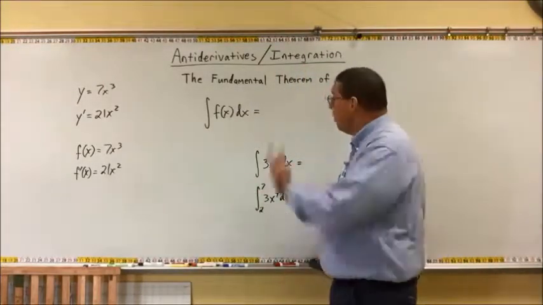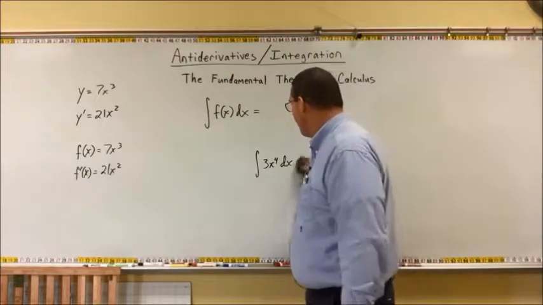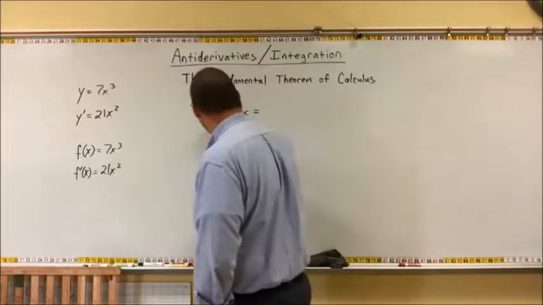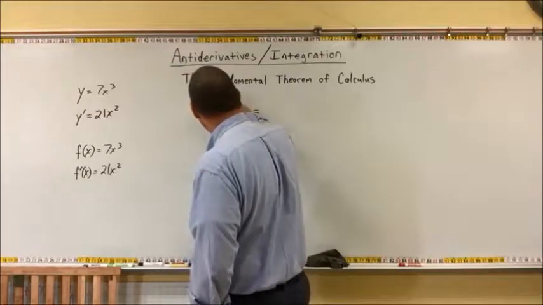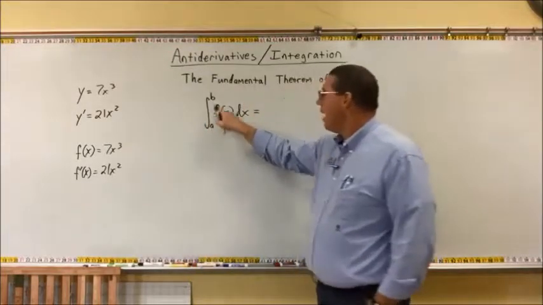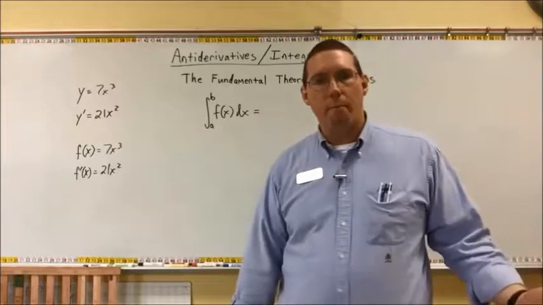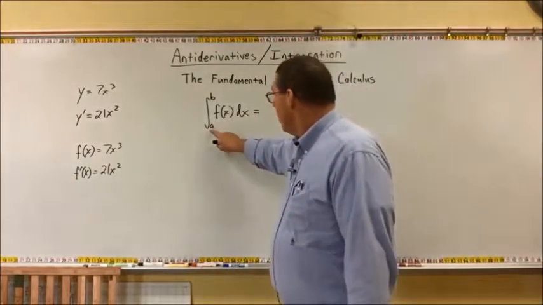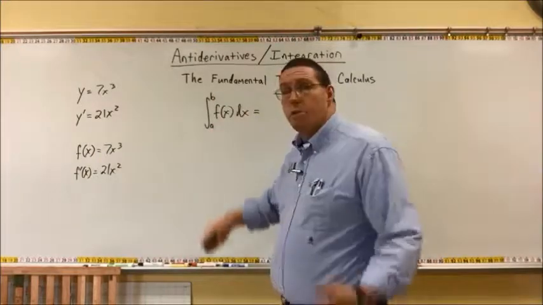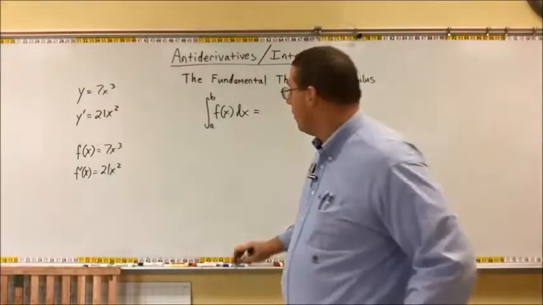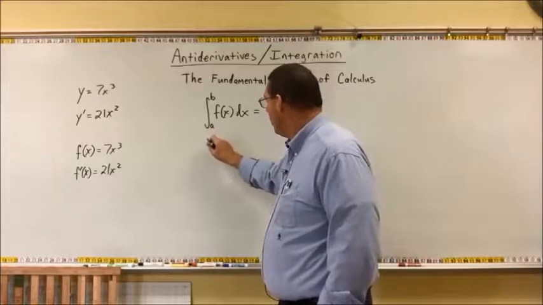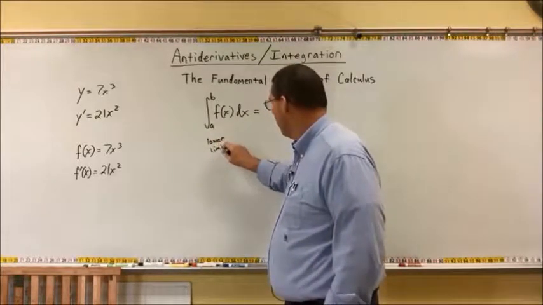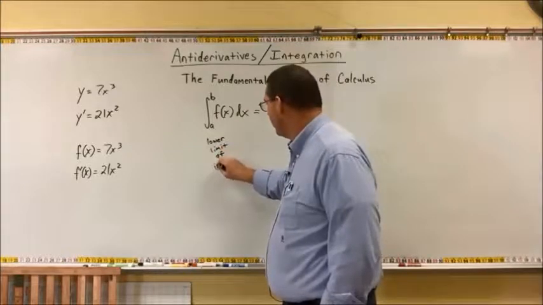So here's what the fundamental theorem of calculus has to do with definite integrals. I'm going to put an a down here and a b up here. This a and this b represent numbers. They're not variables, they represent constants. What we call these is the limits of integration.